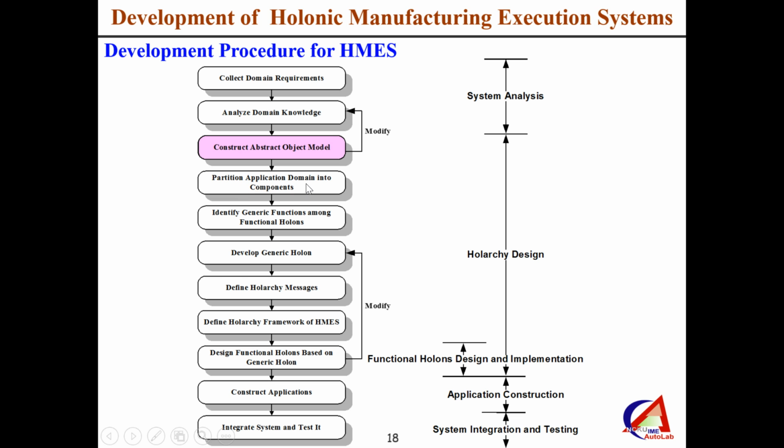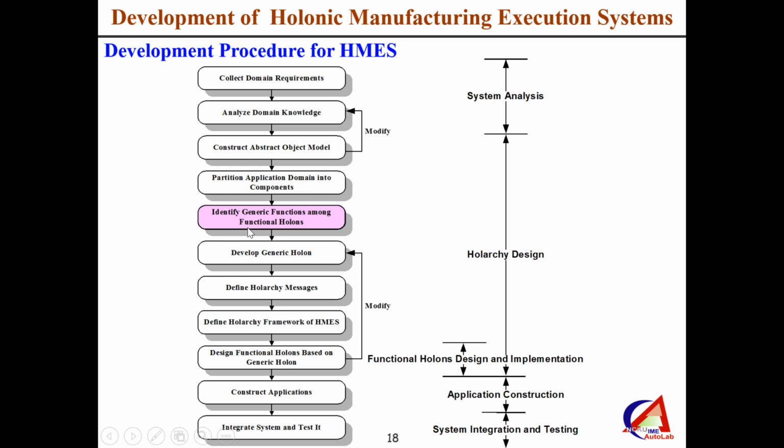After you partition them, you try to identify the generic portion of them. Because we try to use the object-oriented design, you need to identify all the generic portions so that they can be implemented efficiently. You just need to design the generic Holon once. All the others can inherit it and finish the design simultaneously.